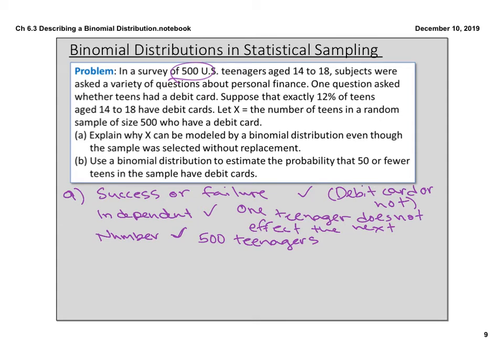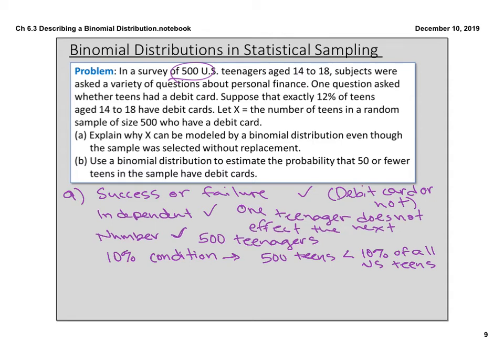So for the 10% condition, we have to ask ourselves, is 500 teenagers less than 10% of all U.S. teens? And I would say very quickly, yes.